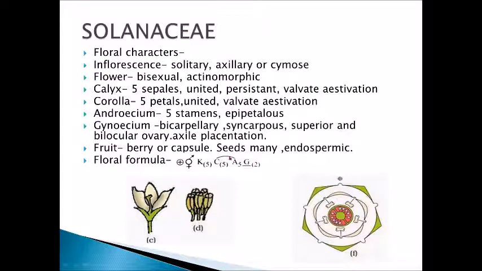Next is corolla, which is shown by C. Number of petals 5, that number is written. They are united. When the petals or sepals are united, you have to put the bracket. Here the number is put into the bracket. Valvate aestivation is there.